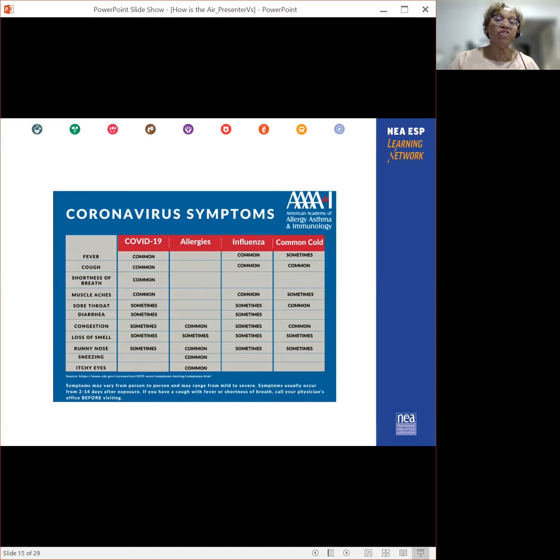So I decided to share this slide because it gives that overview of looking at how the symptoms from these viral situations seem to cross over in addition to allergies. Allergies is not viral.